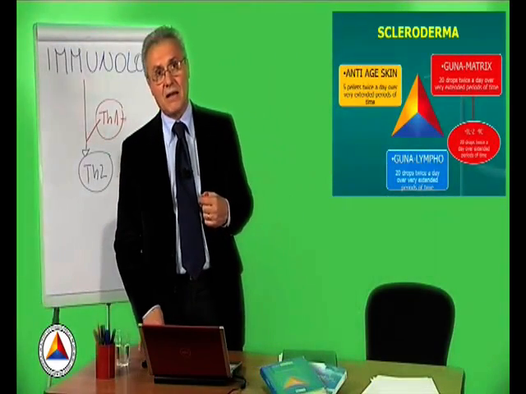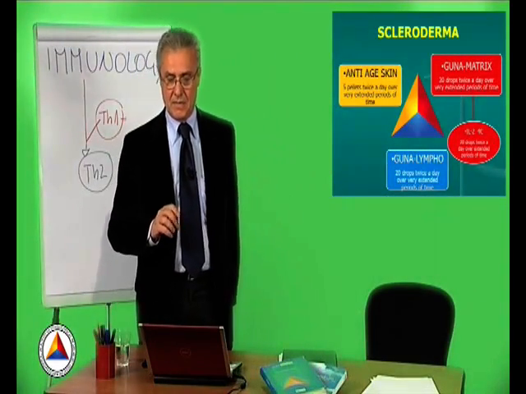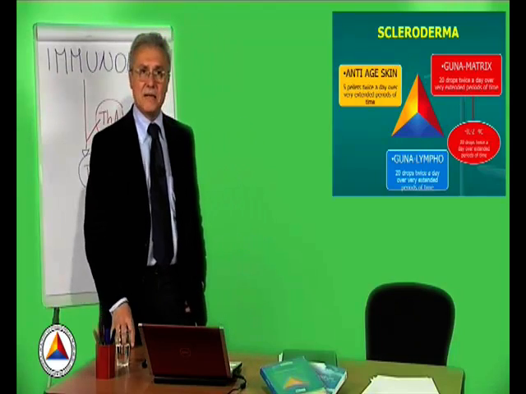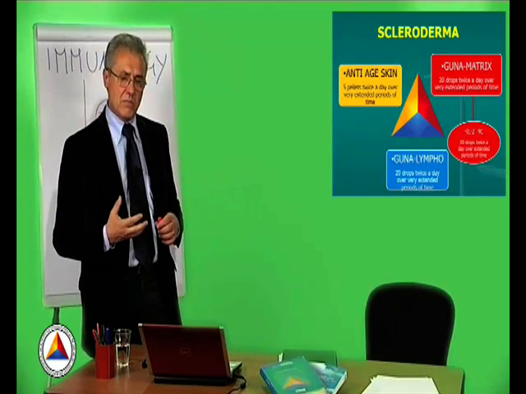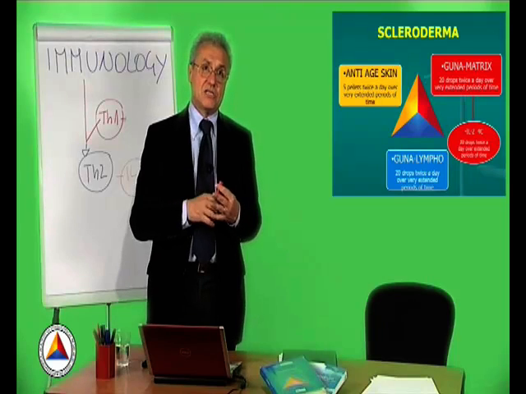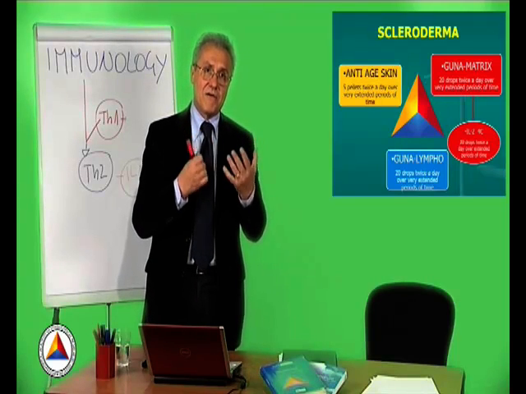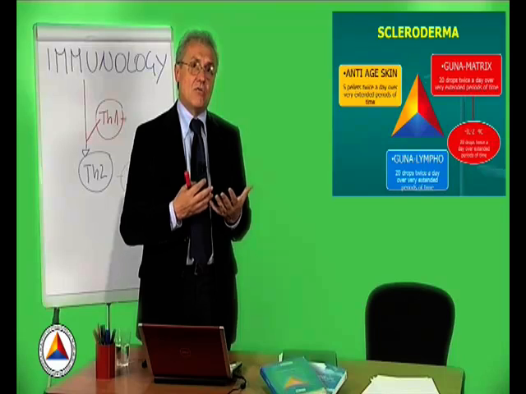Either we identify it already at that stage, or otherwise we have to implement an extremely prolonged therapy that is unfortunately not always effective. However, the basic drug for scleroderma is Guna Matrix.